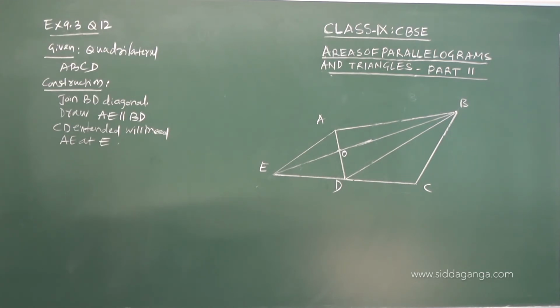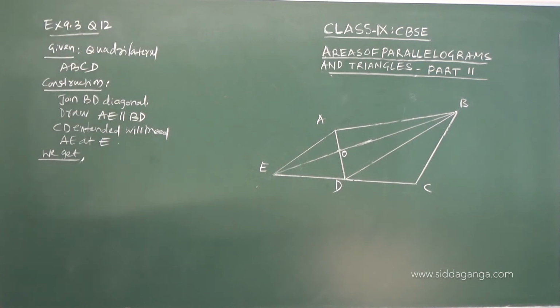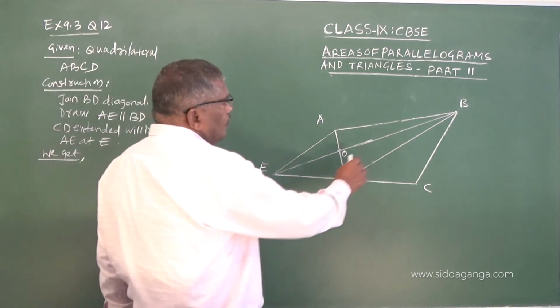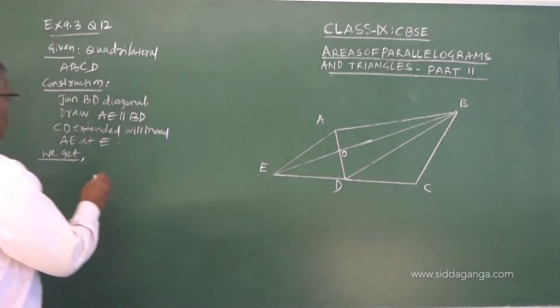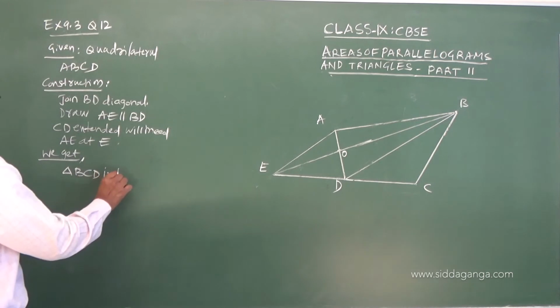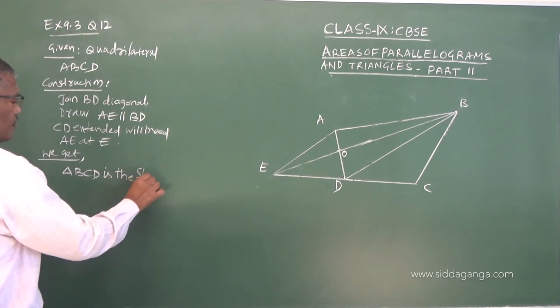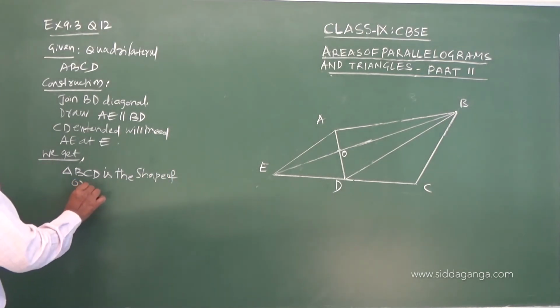So what do we get out of this? We get BCE. Observe the figure. Triangle BCE is the shape of the original field.